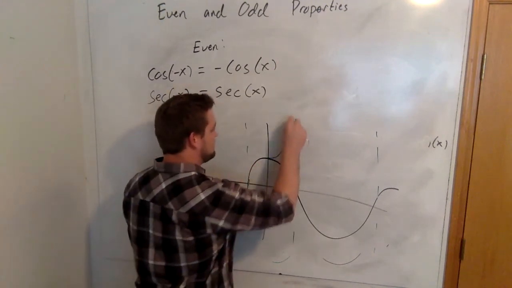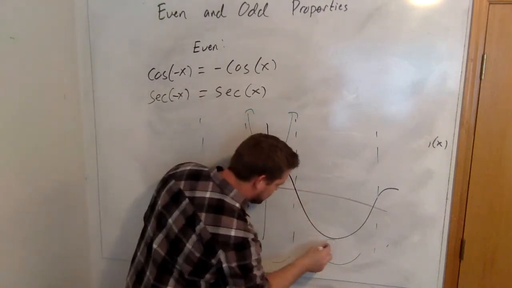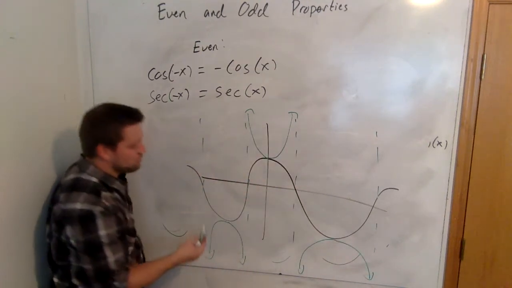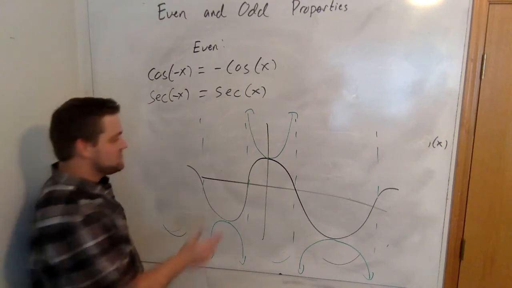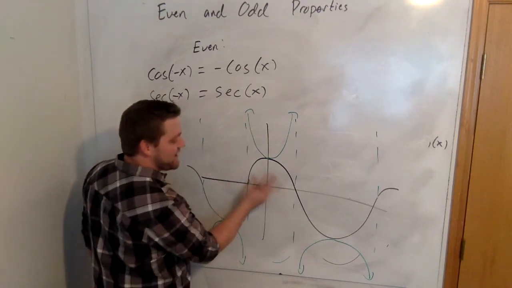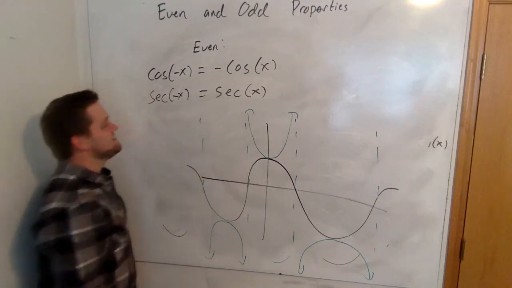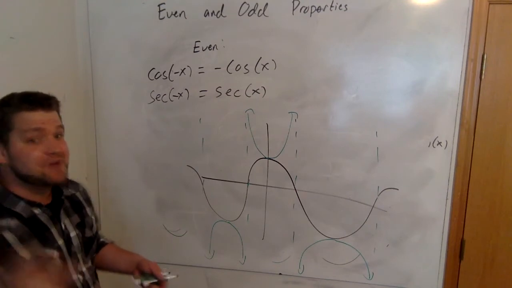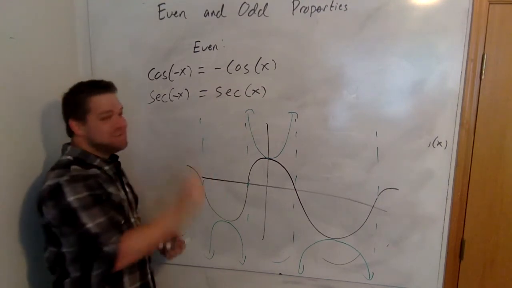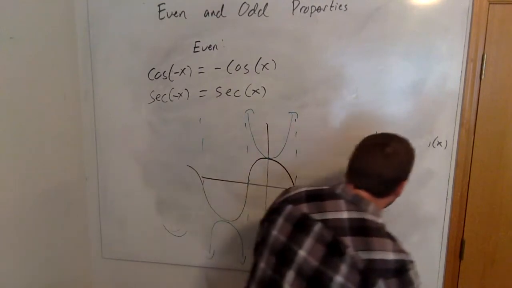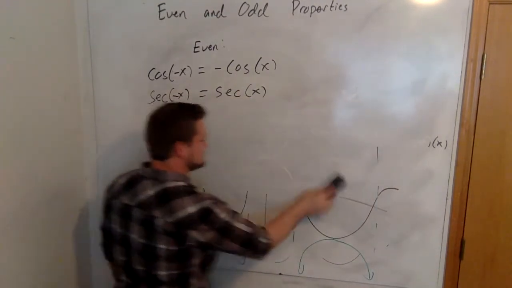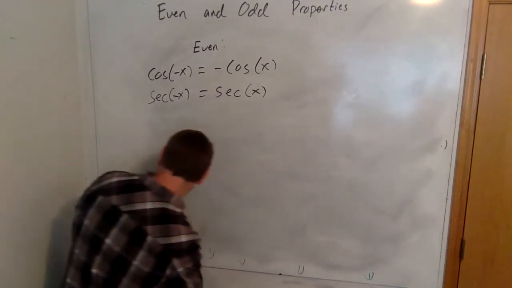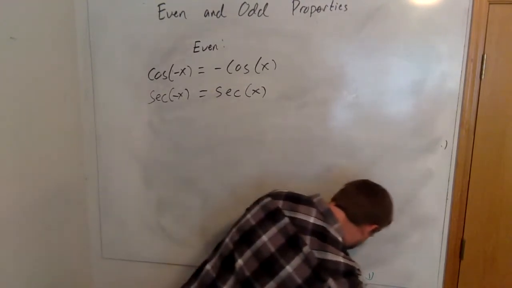So if we're sketching secant, hopefully you recall that this here in green is a rough sketch of the graph of secant. Notice if we reflect it over the y-axis, the picture would be the same. Secant is an even function. But I was able to remember that secant was an even function without having to remember its graph. I just remembered that cosine was even, and I could quickly see that secant would also have to be even. Cool. Okay. Fun. Let's look at ones that are odd.